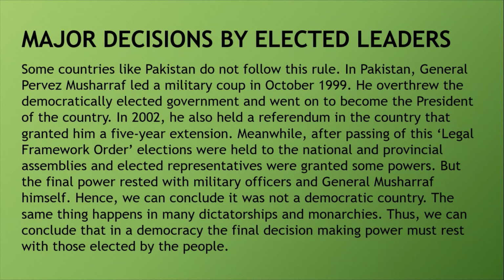But the final power rested with military officers and General Musharraf himself. Hence, we can conclude it is not a democratic country. The same thing happens in many dictatorships and monarchies. Thus, we can conclude that in a democracy, the final decision-making power must rest with those elected by the people.